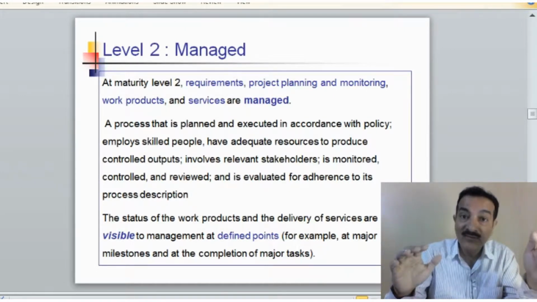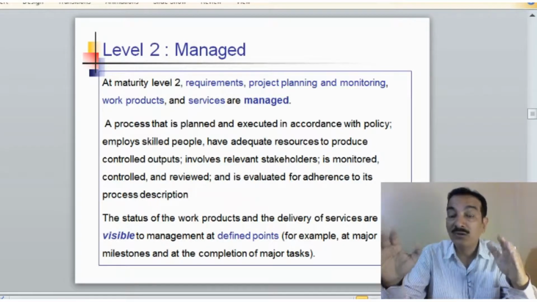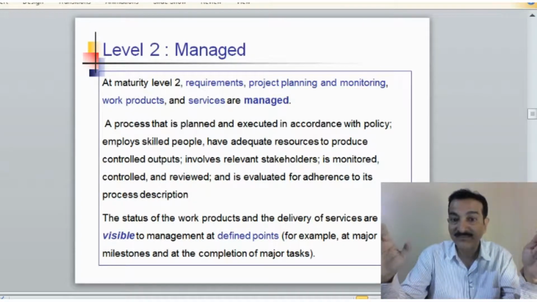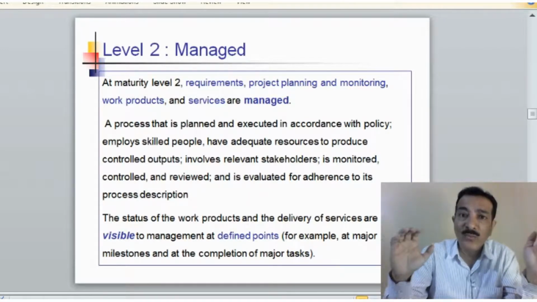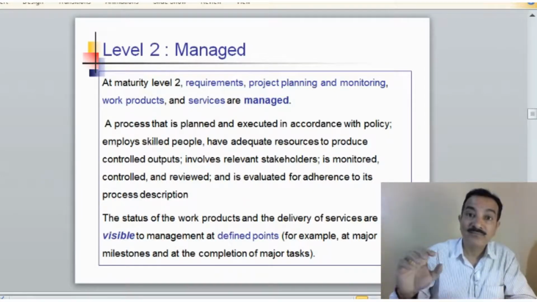At level 2, you also monitor, control and review all the work, basically the project. And you evaluate whether the project is adhering to the plan.